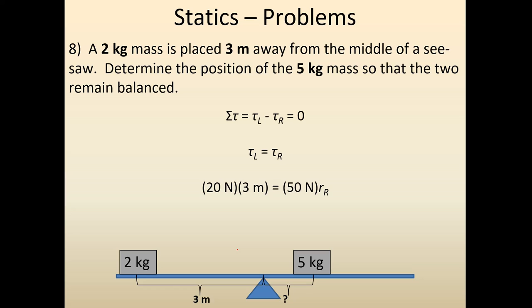Just like before, I'm going to use F times r. On the left-hand side, we have a 20 newton object acting at a distance of 3 meters. And on the right-hand side, we have a 50 newton object acting at some unknown position. So solving this, I get that it needs to be placed 1.2 meters away. So it's going to be 1.2 meters away from the pivot.